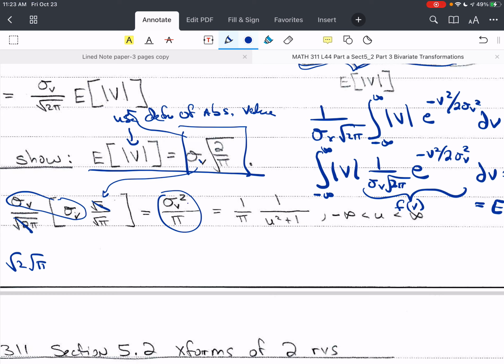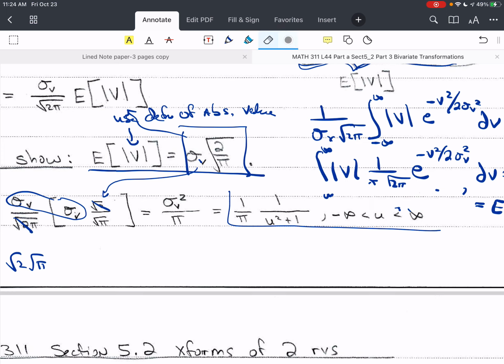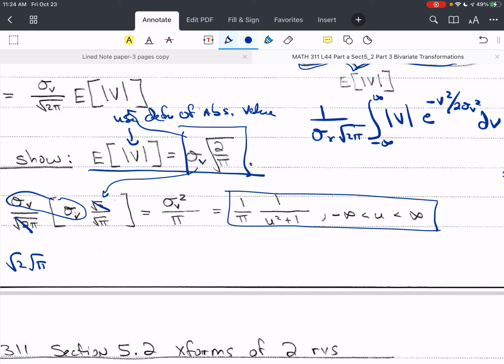I substitute back in for u, and I have a PDF that you won't recognize because we haven't gone over it yet. I do, of course. This PDF is actually a very important one as well. We call this the standard Cauchy distribution, the Cauchy 0, 1.